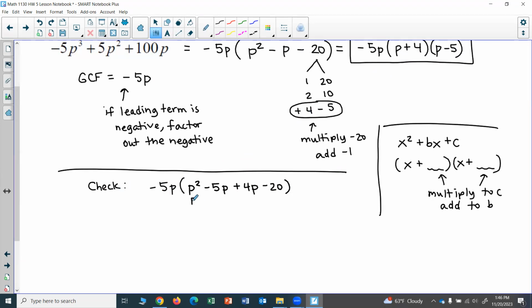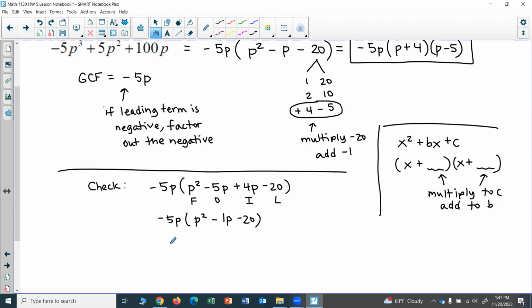So that's my FOIL, F-O-I-L, first, outside, inside, last. Combine my like terms, so I'll have negative 5p times p squared minus 1p minus 20.